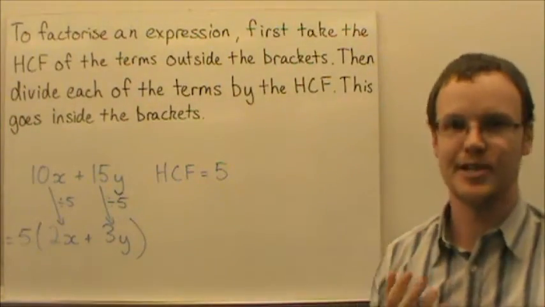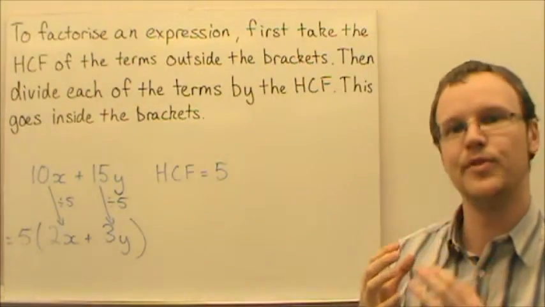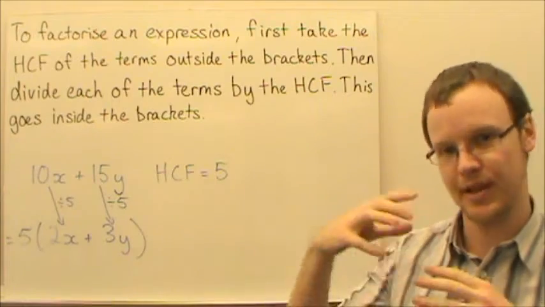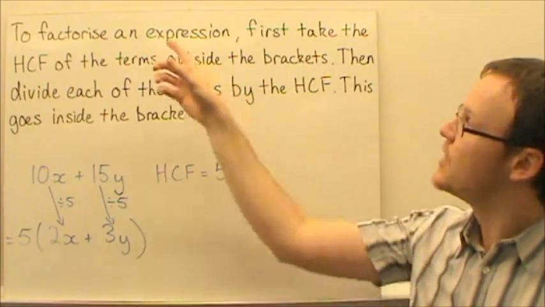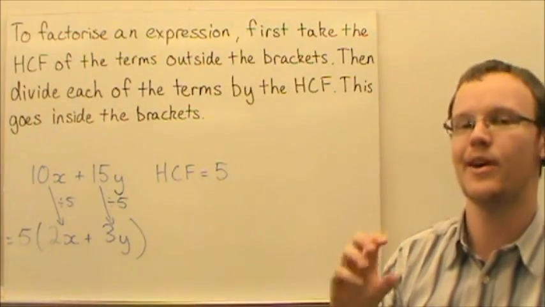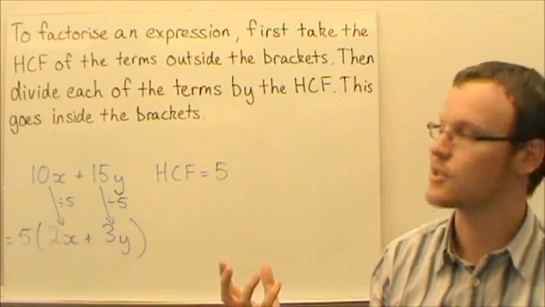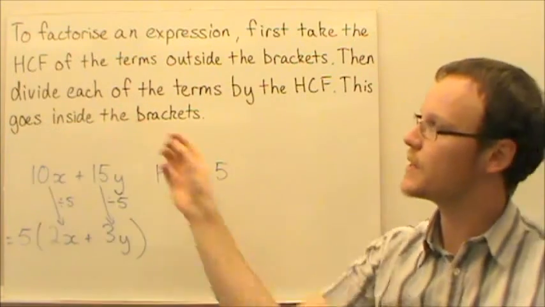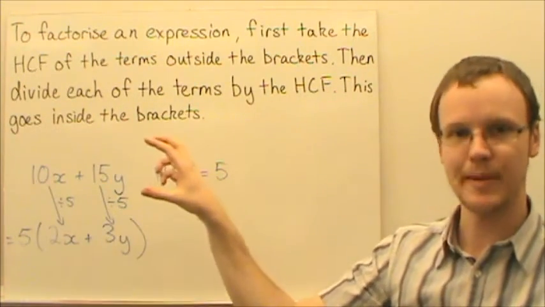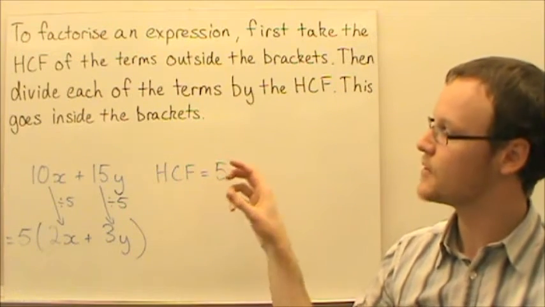So to factorise an expression means to remove the factors from all of the terms and take them outside of the brackets. Firstly, we find the highest common factor of the terms and take it outside of the brackets. Then we need to divide each of the terms that we had originally by the highest common factor.